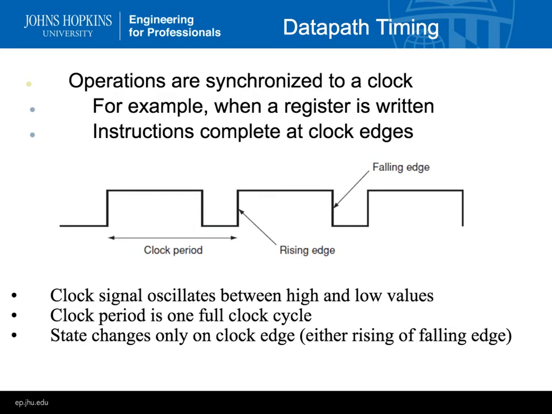So again, we're talking about clock cycles, and actions happen in clock intervals. We're going to start with an instruction, and in one clock interval, all of the gates in the data path are going to have results, and the results are going to be determined all in one cycle through the whole data path.